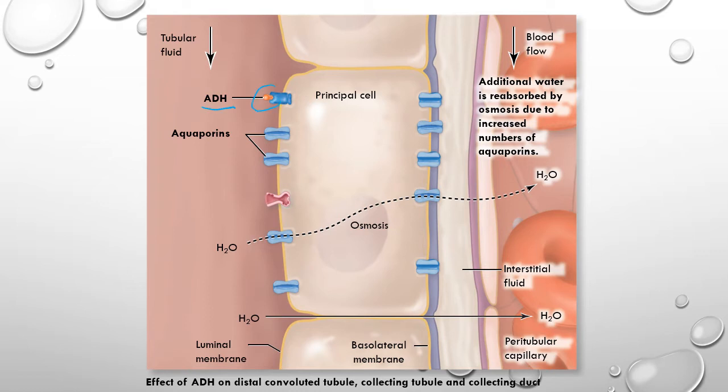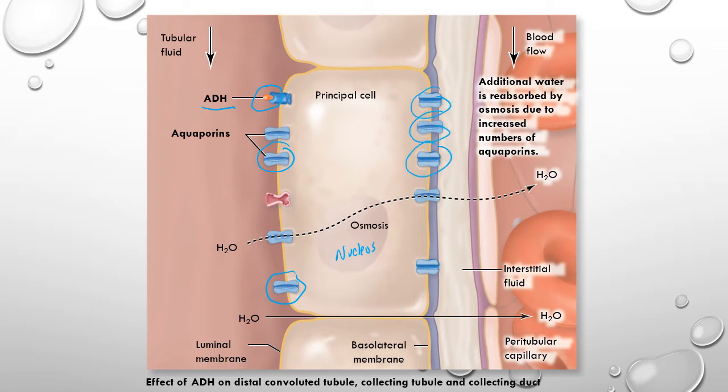And so here we have ADH. ADH binds to its receptor, and that stimulates the cell, more so the nucleus here, to start to stimulate the rest of the cell to make proteins. And these proteins are going to be our aquaporins. We now have more aquaporins than we had before.